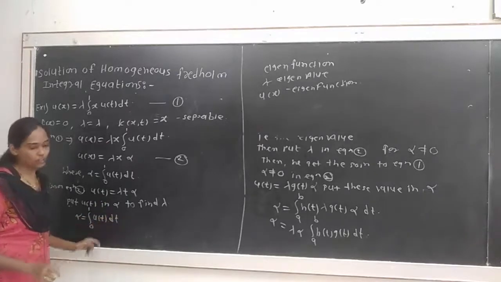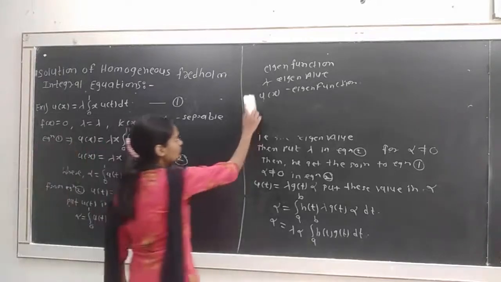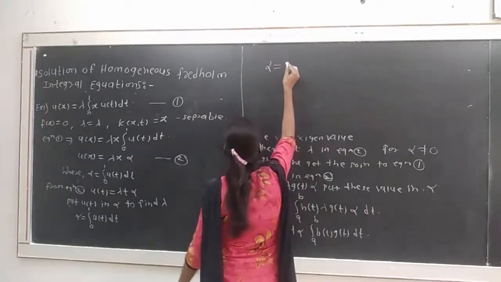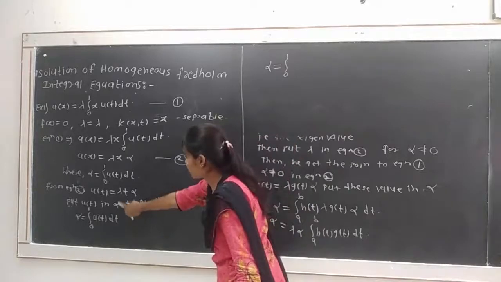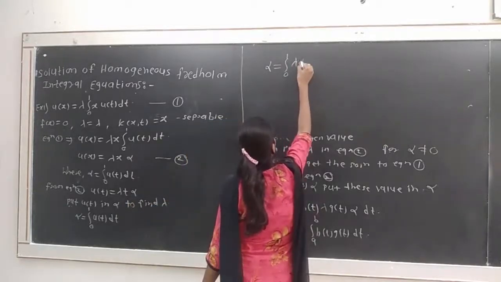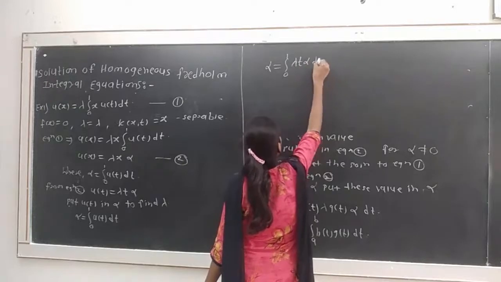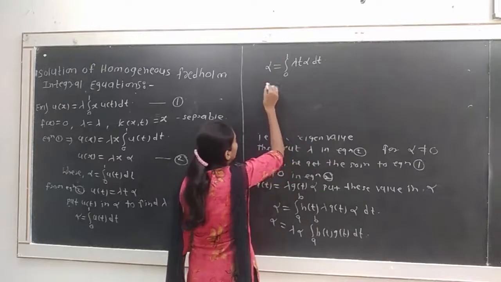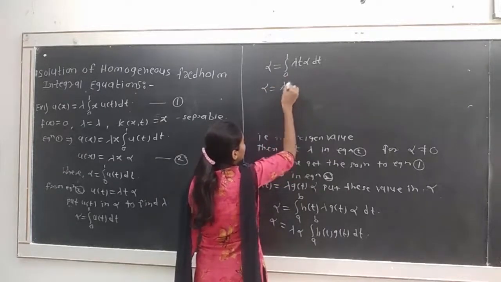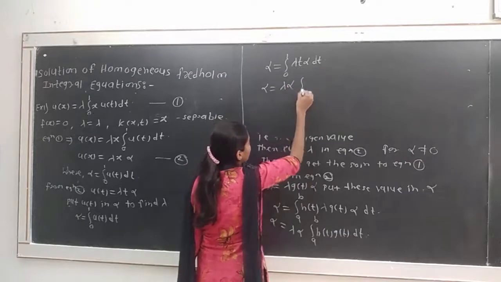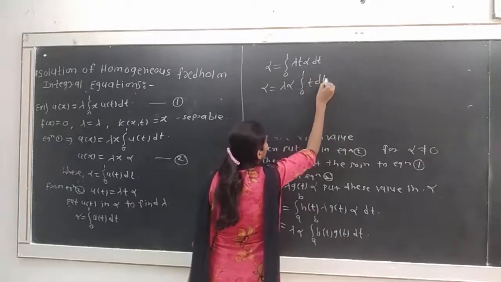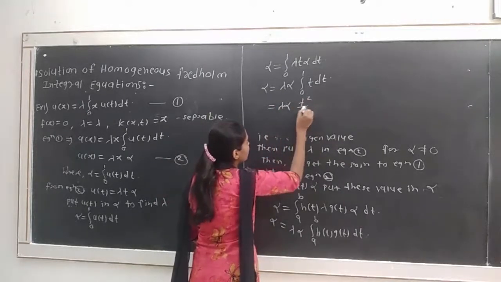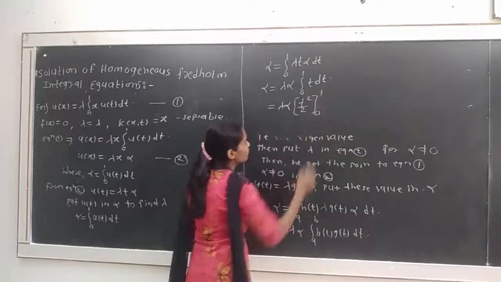Then by putting in the value of u(t), α is equal to the integration from 0 to 1 of λtα dt. Since λ and α are constants, we take λα outside the integration from 0 to 1 of t dt. The integration of t will be t² divided by 2 from 0 to 1.